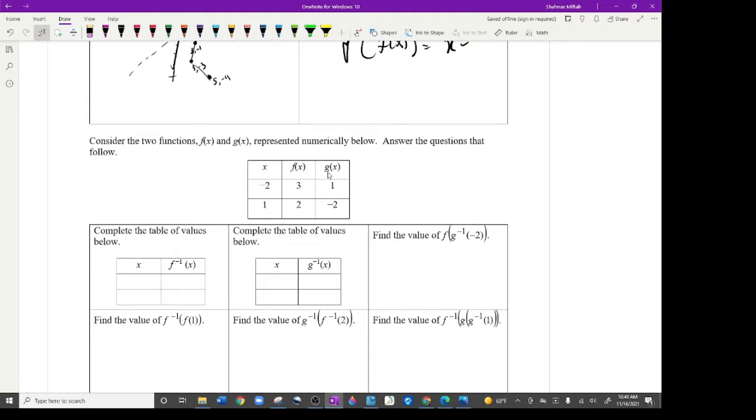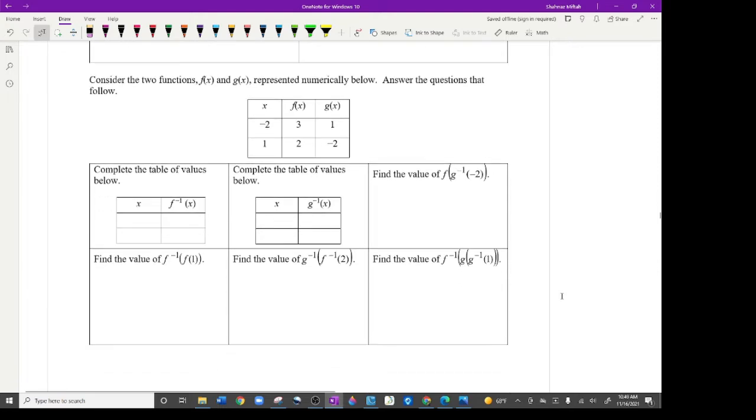Consider two functions f of x, g of x represented numerically below. Answer the questions that follow. Complete the table of values below. So first of all, what are my x values for f of x? Only for f of x. You know the x is -2, right? Yes or no?